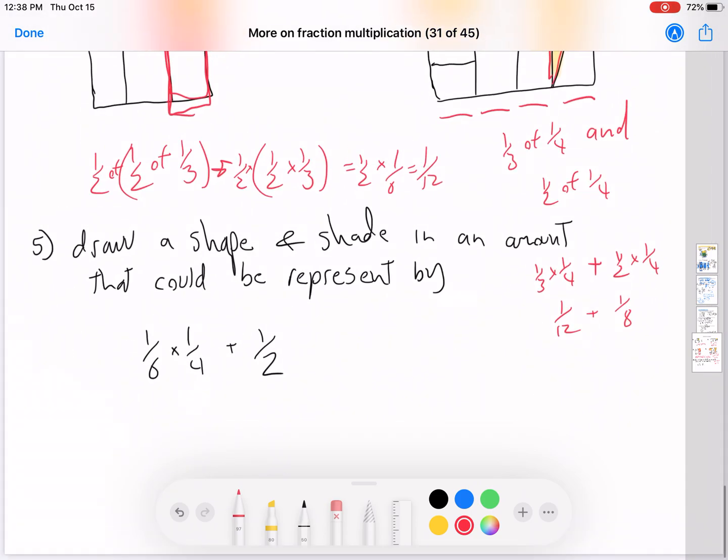All right, number 5, just to mix it up a little bit, it says draw a shape and shade in the amount that could be represented by 1/6 times 1/4 plus 1/2. So this is 1/6 of 1/4 and 1/2. And so if I wanted to try to draw that shape, I could say, well, let's draw a whole shape. That's half the shape.